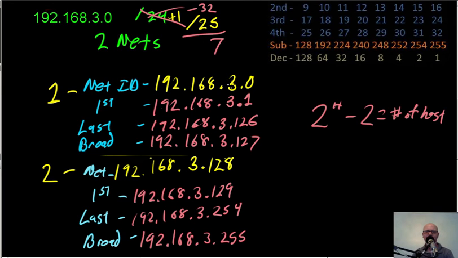So there are 7 host bits in both of these networks, right? So 2 to the 7 minus 2 is equal to 126. If we were to count from 1 to 126, there would be 126 usable IP addresses. 129 to 254 is 126 usable addresses, right?